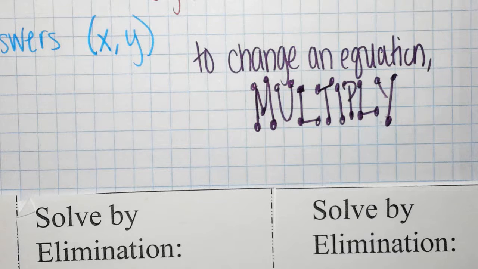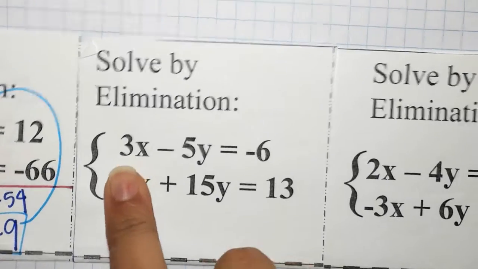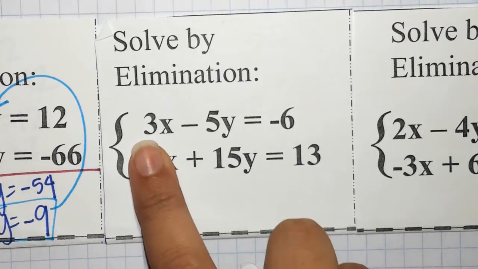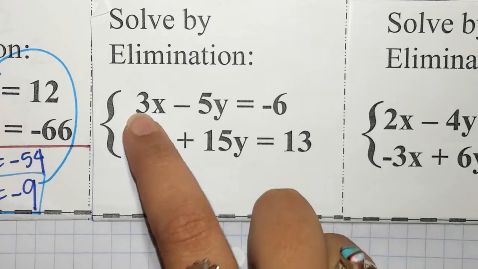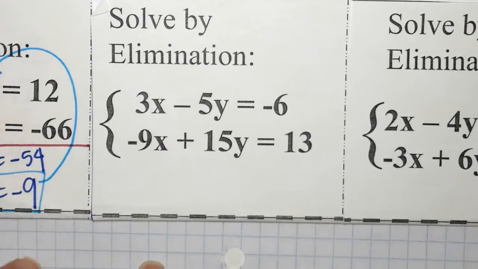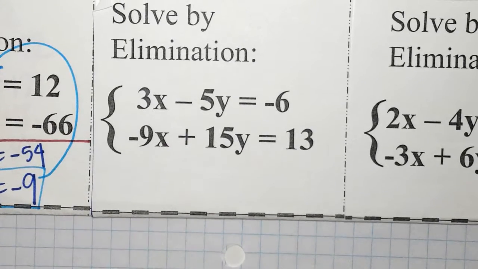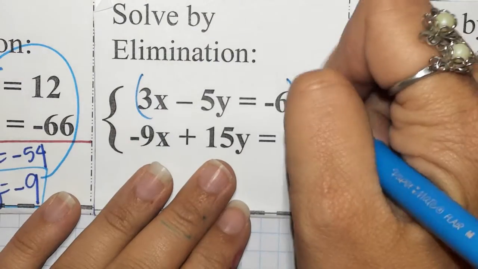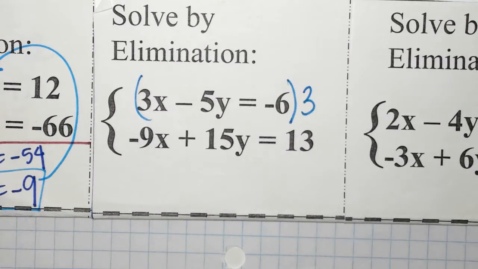Alright, so I want us to solve this middle equation by using elimination. Now, we want to eliminate our x's because it's out front and that's what I want to do, so that's what we're going to do. How do we turn 3x into 9x? Multiply times 3. Alright, now put parentheses around it, put a 3.